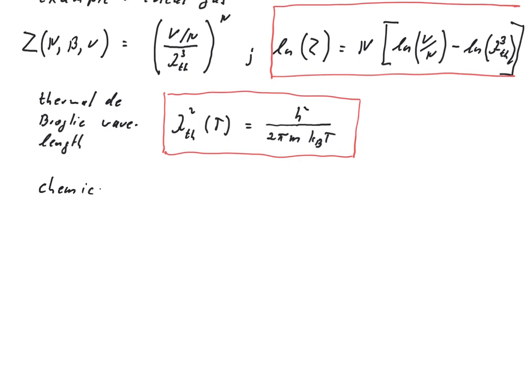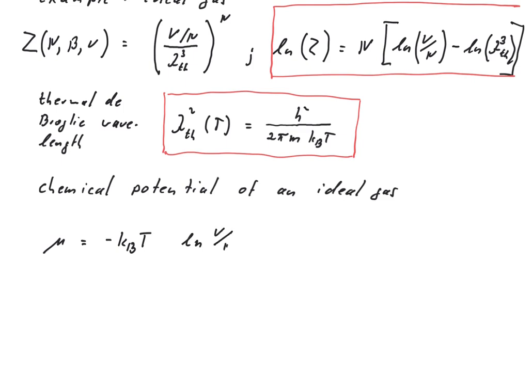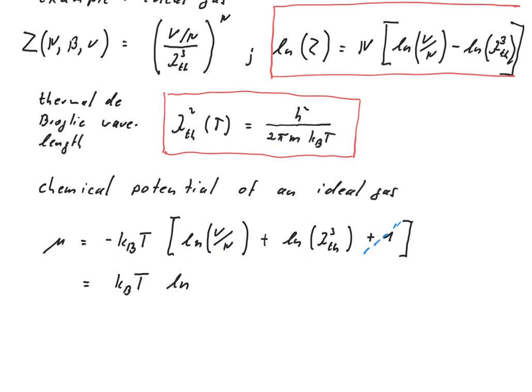Now, having the partition function, we can calculate the chemical potential of an ideal gas as given by the derivative of the log of the partition function with respect to the number of particles, and we obtain that mu is equal to minus kBT times the log of the volume per particle plus the log of the thermal de Broglie wavelength to the power 3, plus 1. Now, in our further discussion, we forget the constant plus 1.